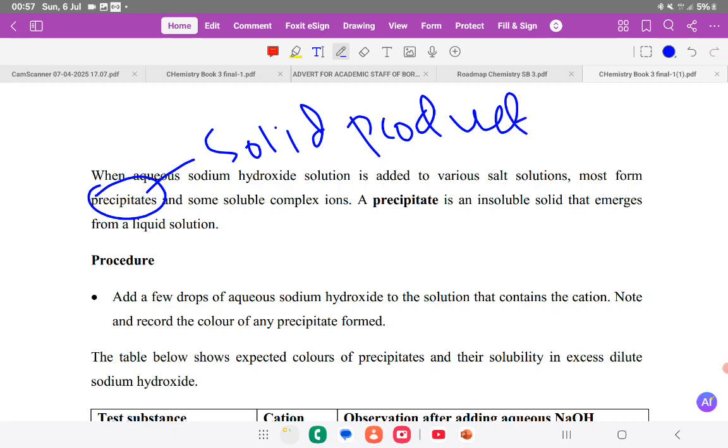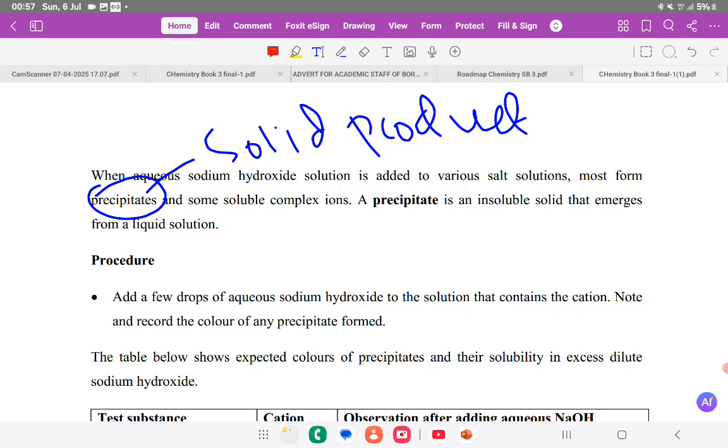So some chemical reactions would form solid products. You mix solution A to solution B, and then a solid is formed. That solid is called a precipitate. And then you also have some soluble complex ions.